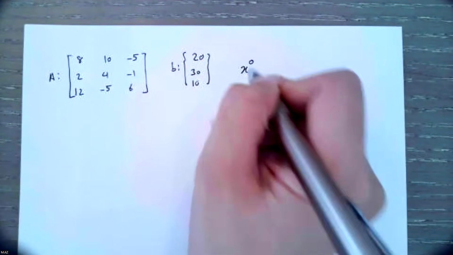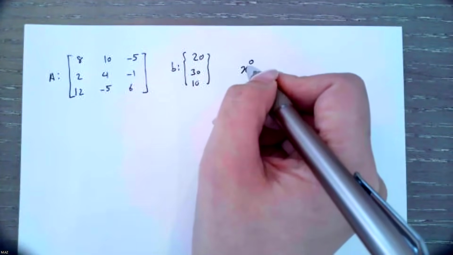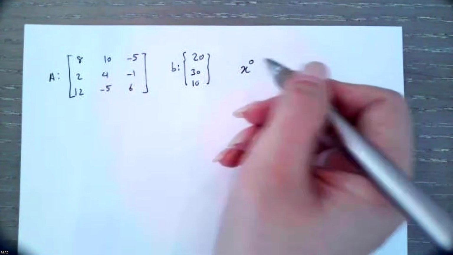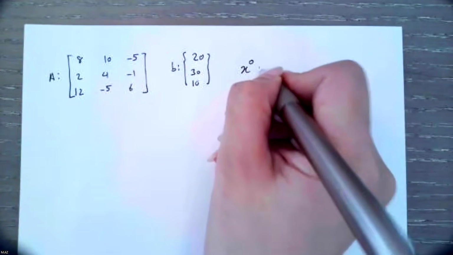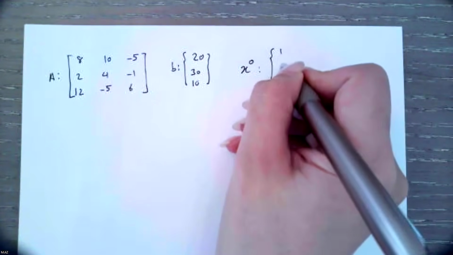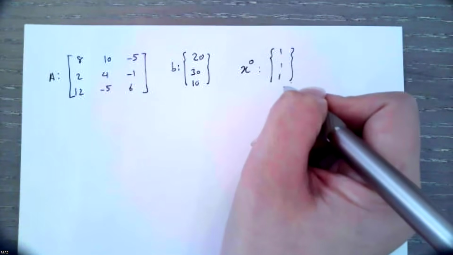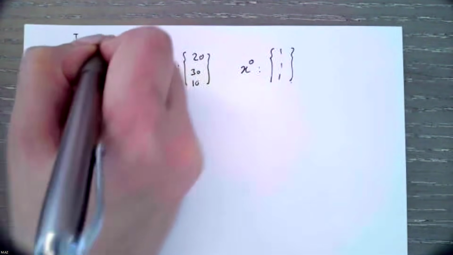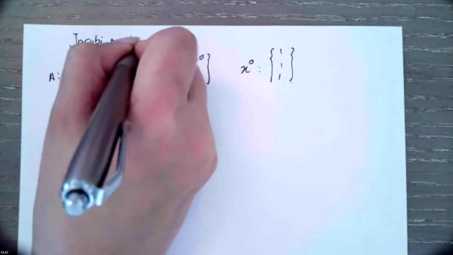And this is the initial guess. Again, the superscript talks about the iteration level. It is given as 1, 1, 1. We have to solve this problem based on the Jacobi method.